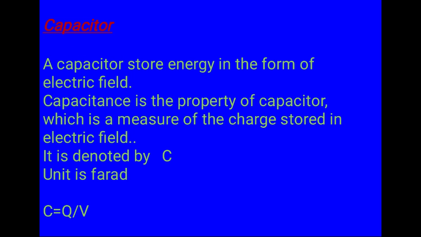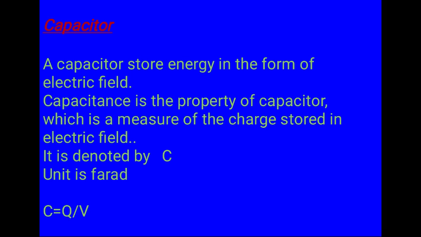Second parameter is capacitor. A capacitor stores energy in the form of electric field. Capacitance is the property of a capacitor, which is a measure of charge stored in the form of electric field.